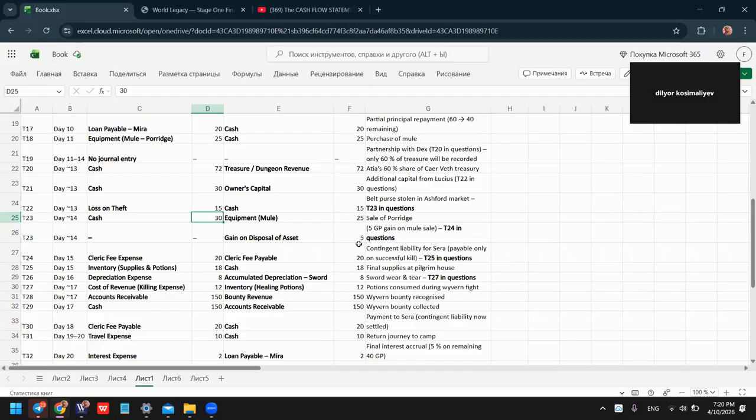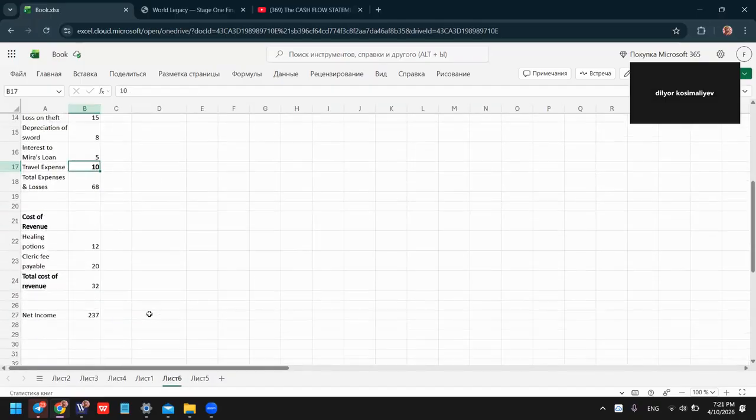Sorry, I messed up a bit. So the gain is also accrued gain. It's not a direct one. We did not get additional 5 golden pieces from that. So we should not count it because we already counted this 25 as 30.